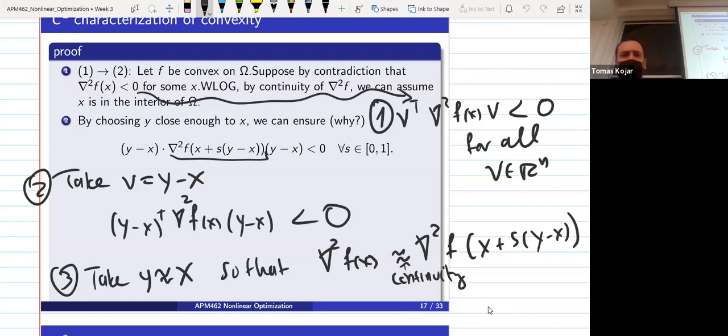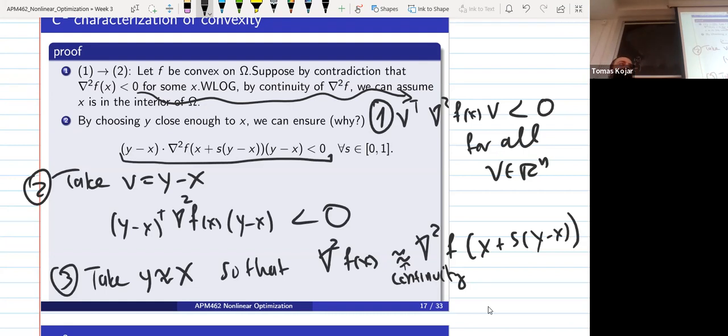So now we have it for an entire sequence. You will see this argument many times, because contradiction says if you want something to be true for all points, it has to fail for 1 point, but that's not enough for the proofs. So we use these continuity arguments to get a whole ball of them.